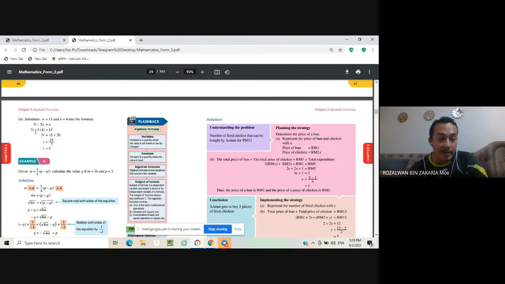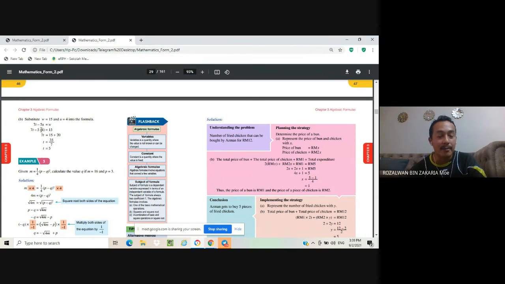Actually, what happened is that this minus 20, we cancel. How to cancel the minus 20? On your left side, you need to plus 20, right? Minus 20 plus 20 equals what, class? Minus 20 plus 20 equals 0. Right.